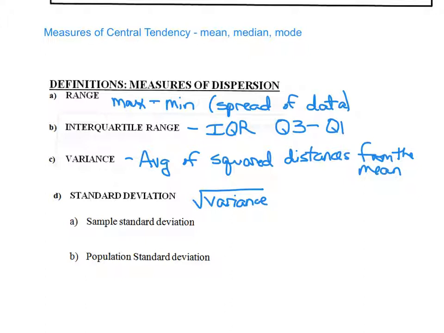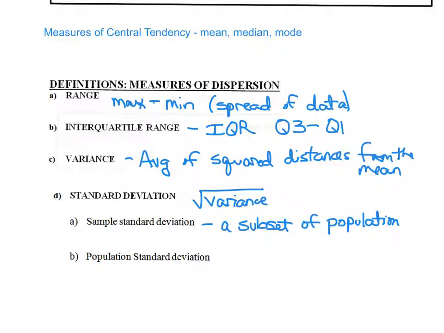So again, we're going to be calculating these using our calculator. Back in algebra, you did calculate those by hand, but in this class, we're going to be using our calculator. Now, a sample standard deviation is when we are using a sample, or again, a subset of the population. So this is going to be the standard deviation that we calculate using that subset.